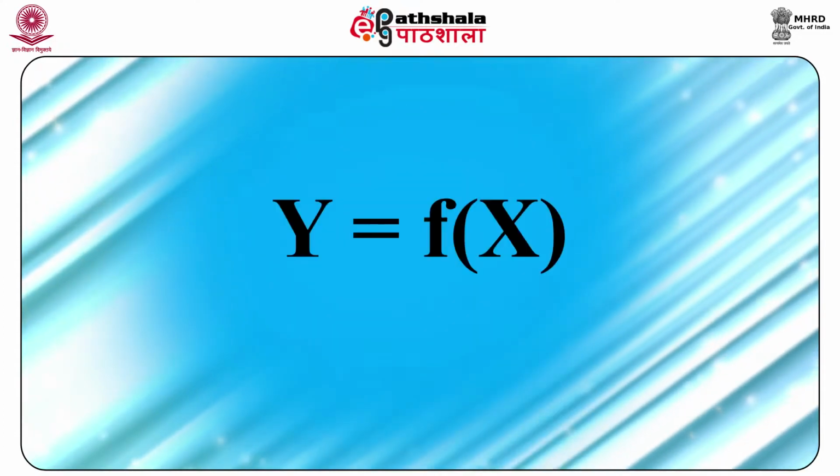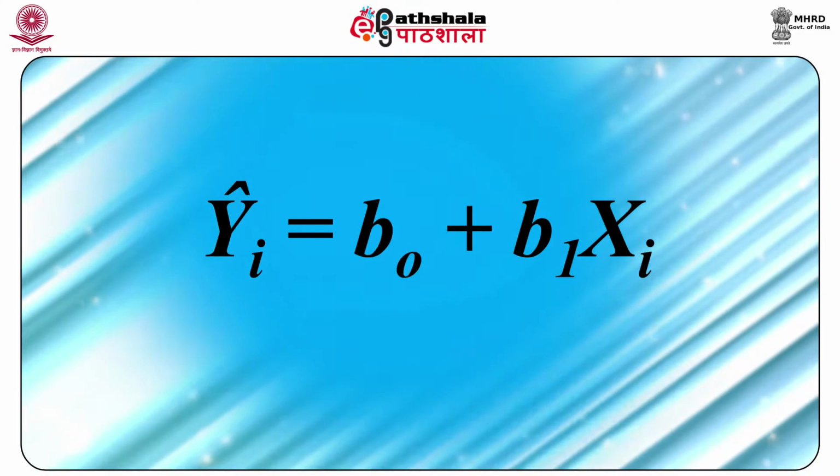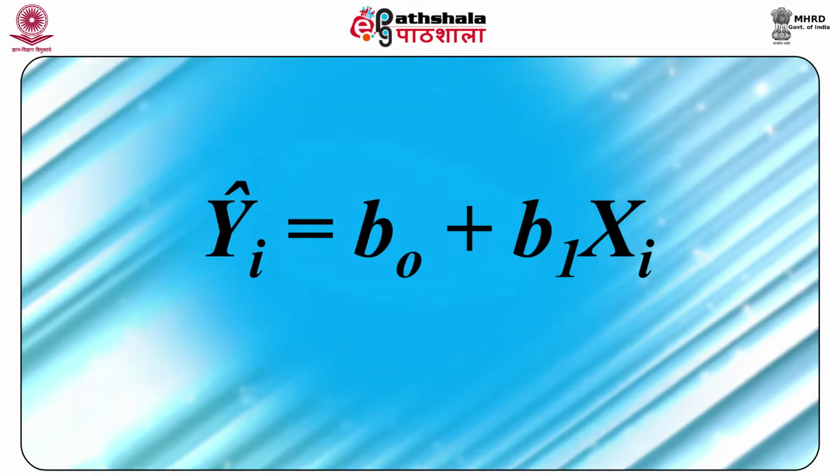Let us now look at the mathematical derivation of the regression line in section 4.1.1. Considering a general case of n observations in two variables x and y, where y is a function of x, the fitted SRF is expressed as yi hat is equal to b0 plus b1 xi.